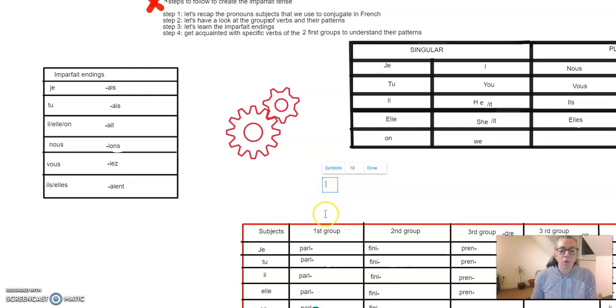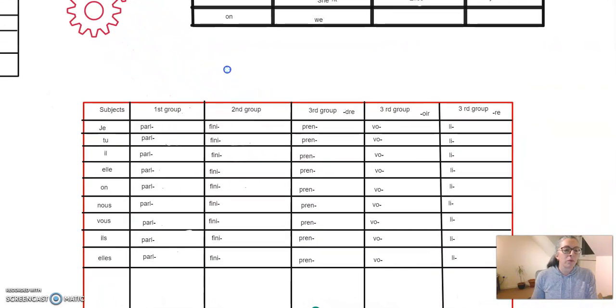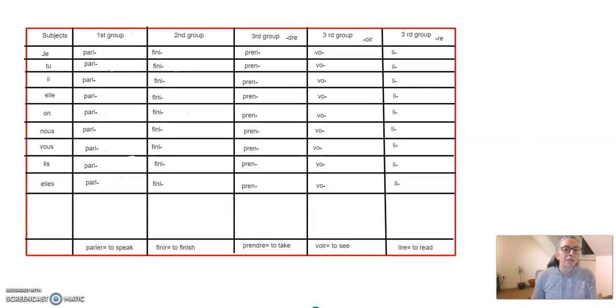So now what we will be doing is to have a look at the groups that we find in French, to separate the French verbs, because they follow specific patterns.